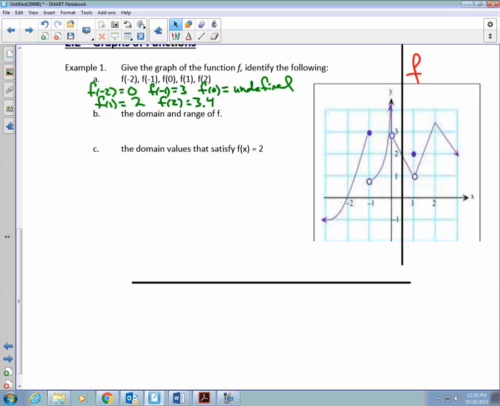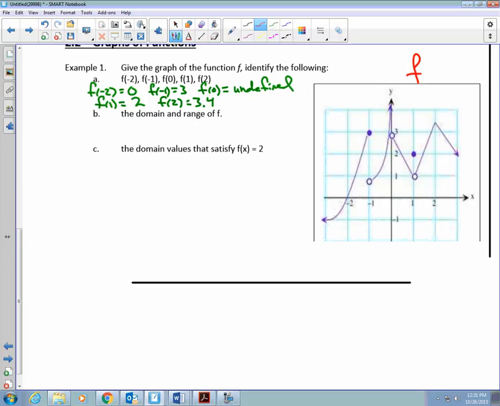How about here? Here, here? Yeah, it's going to cross the graph from values of negative infinity all the way to 0, and then from 0 all the way to positive infinity. So the domain you could state is x not equal to 0, or you could write from negative infinity to 0, union with 0 to infinity.